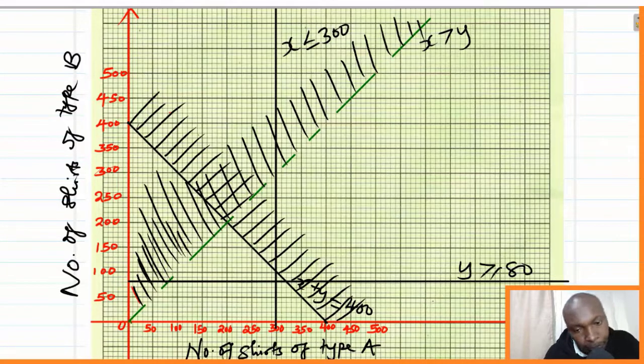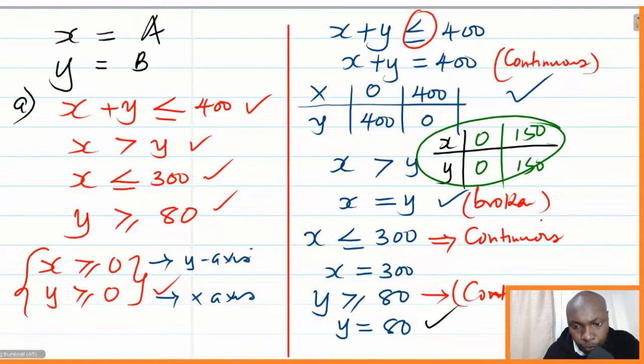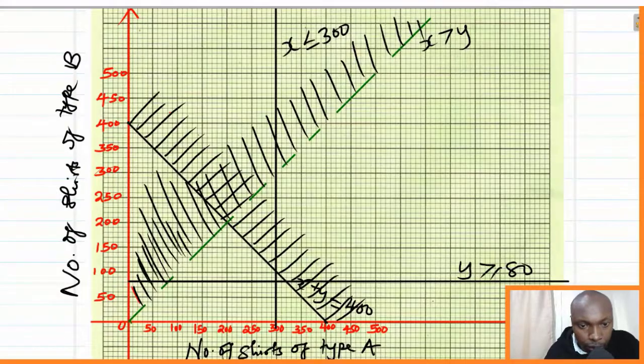Alright, now the other line is x is less than or equal to 300. So here is the line. You look at the right hand of that line, which is greater than, and we need less than.